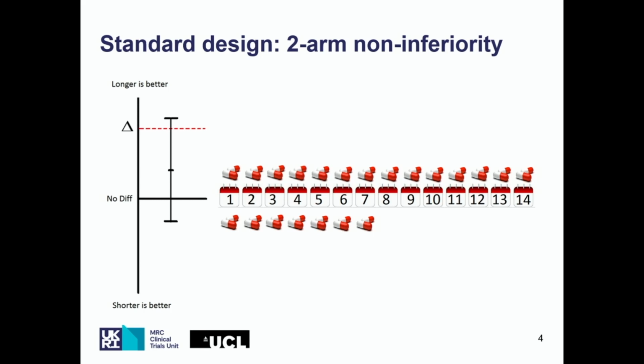Here, we haven't found non-inferiority because our confidence interval overlaps the margin. That may be because the data are more variable than we expected, or we may just have been unfortunate in the comparison we'd chosen. If we'd chosen 8 or 9 or 10 days instead, we could well have found non-inferiority.